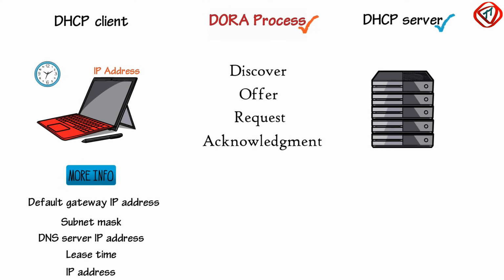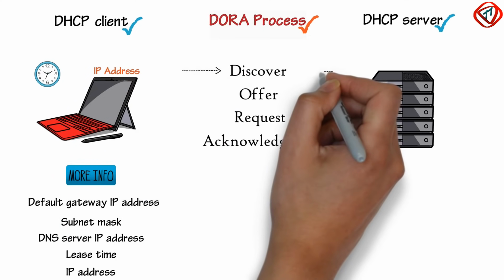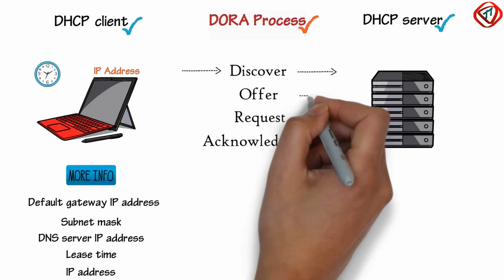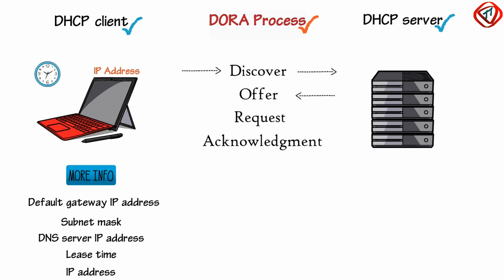Suppose we connect our computer to the internet. At that time, it does not have an IP address. So, the laptop or the DHCP client sends a discover message to the DHCP server. In response, the DHCP server sends an IP address in the offer message.